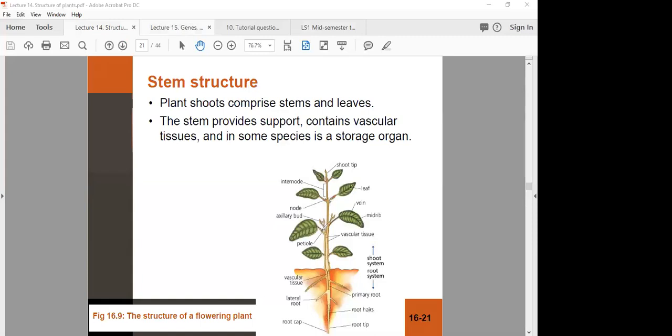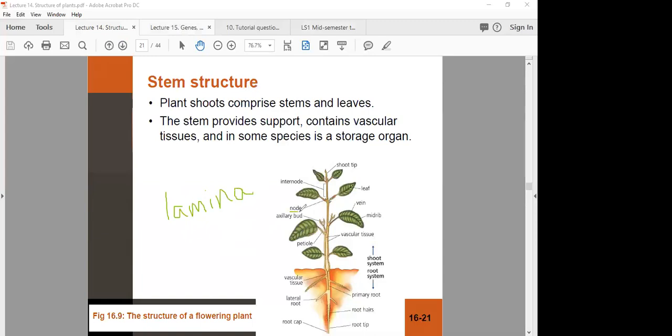Here we have the stalk or stem of the leaf. This is called the petiole. The blade of the leaf itself is referred to as a lamina. Lamina is the actual blade. Here we have the point of attachment of the leaf to the stem.